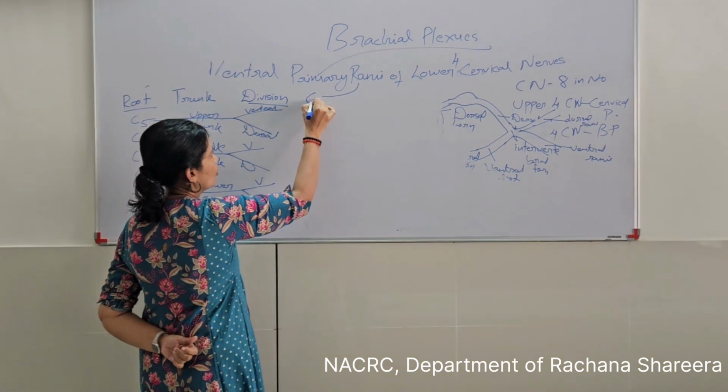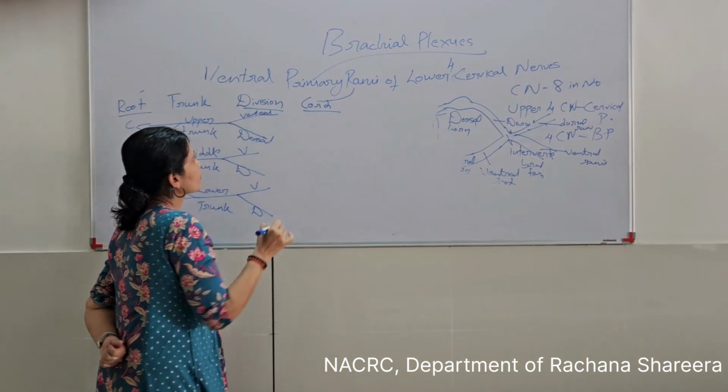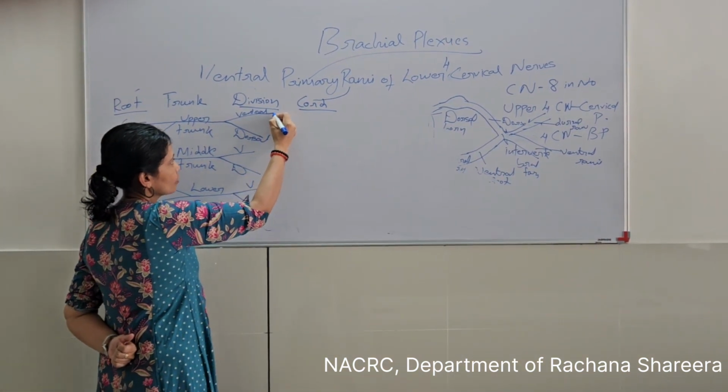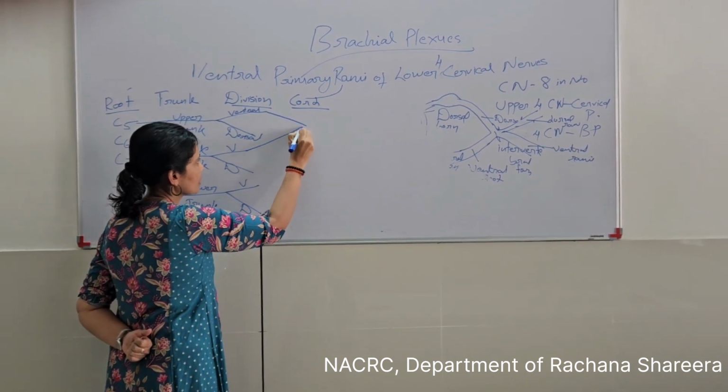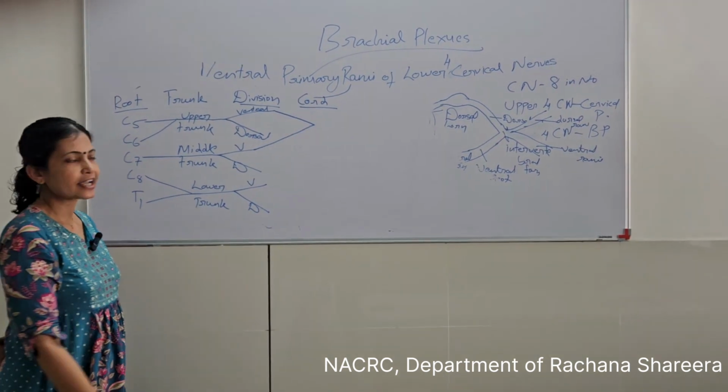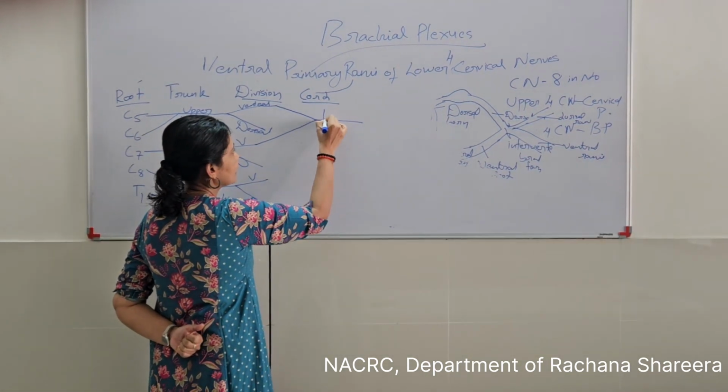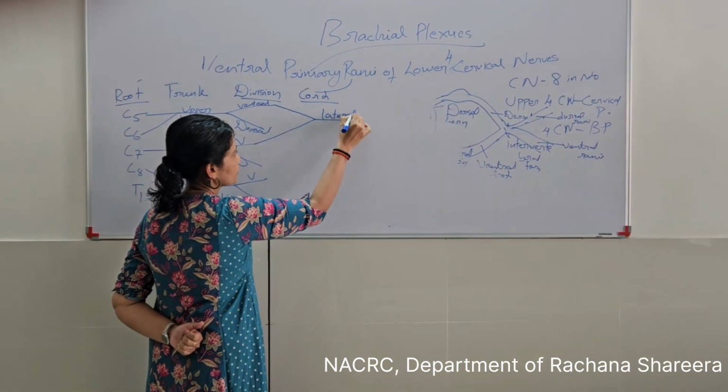Next is the cord. Ventral divisions of upper trunk and middle trunk unite to form the lateral cord.